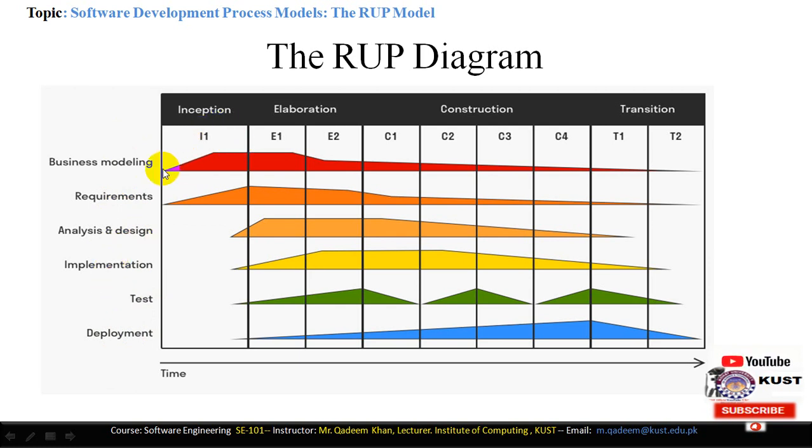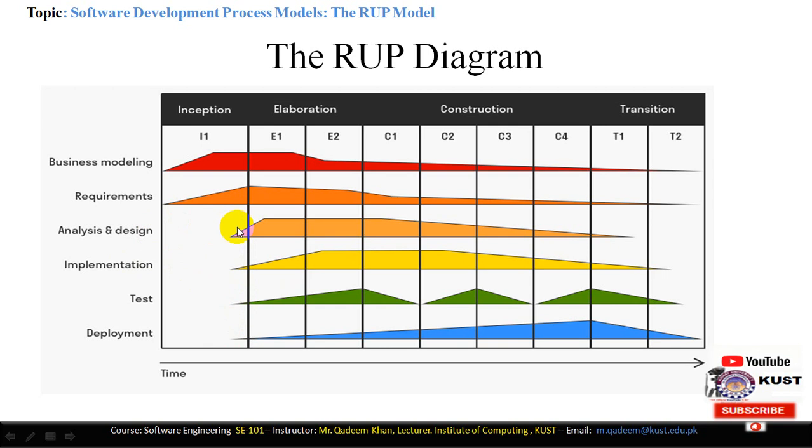But in the inception phase, we have less functionality or less work to do. For example, this is the inception one. We will do here just the business modeling and the requirements modeling. Also, we will do a little bit of analysis and design, and very little about the implementation, testing and deployment, because we have no complete code or designs here.